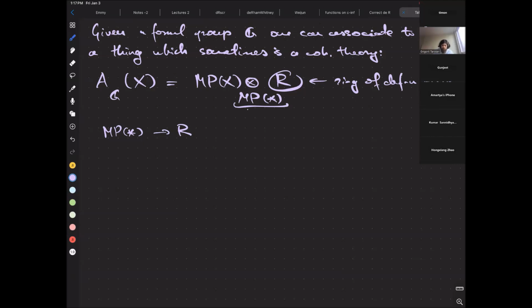So you have this homomorphism, you tensor, you get something. And of course, the question now is whether this is a cohomology theory, and this is this whole business about the Landweber exact functor theorem. Okay.